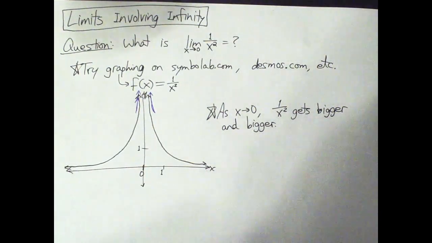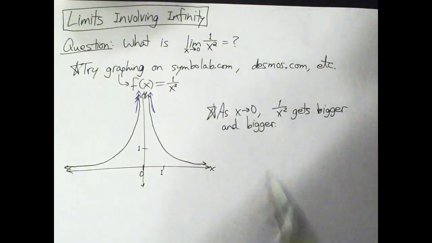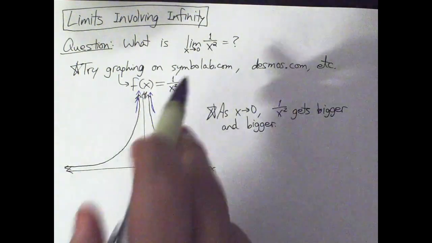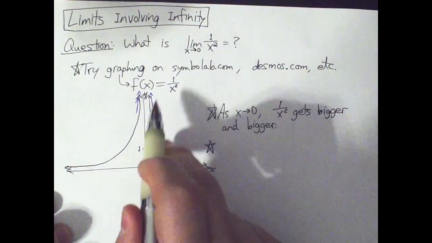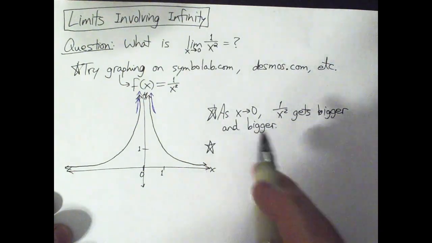Now, if you think back to our definition of limit, the limit equals L if we can get the function sufficiently close to L while x is arbitrarily close to A. Well, the problem here is there's no L. There's no number L that this is approaching. It's just getting larger and larger and larger.